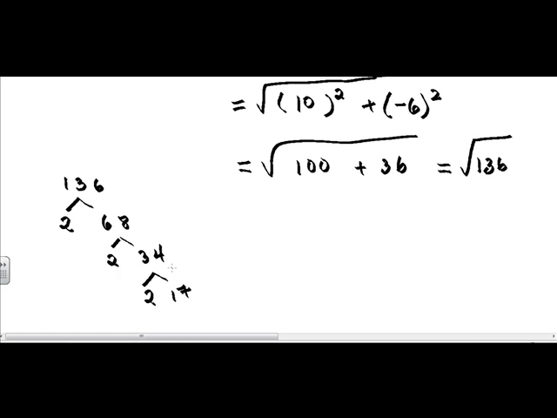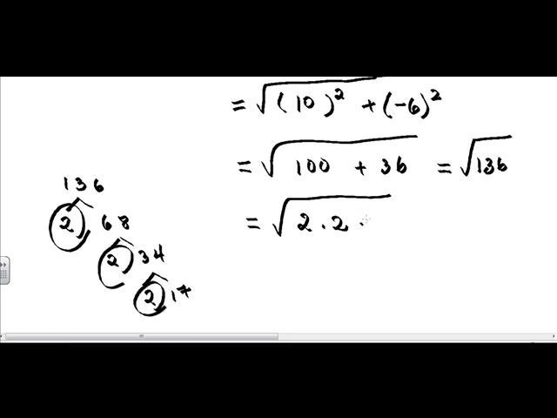So now the square root. Remember, this number here is composed of 2 times 2 times 17. With the square root, what we do is take the pair of 2s, and this comes out as 2. And then you leave the 2 and 17 inside.